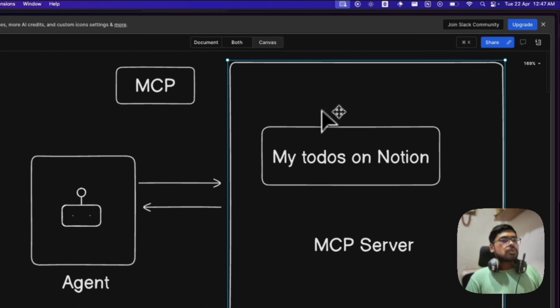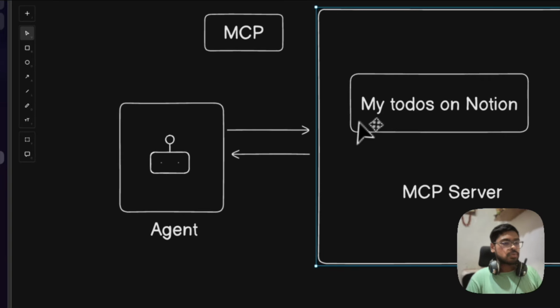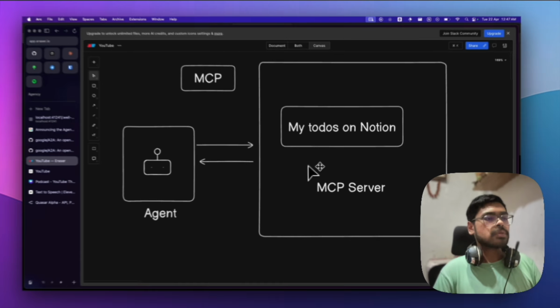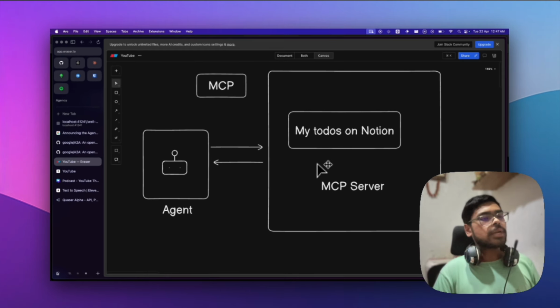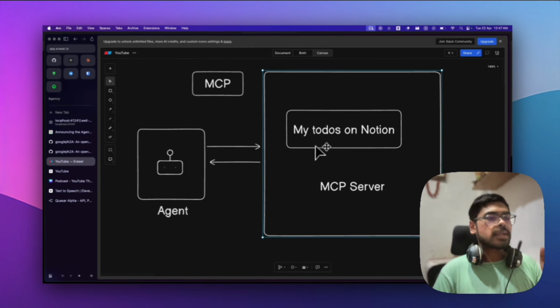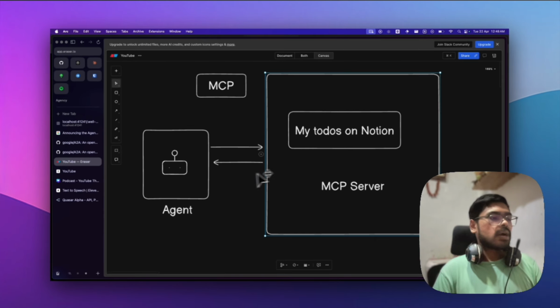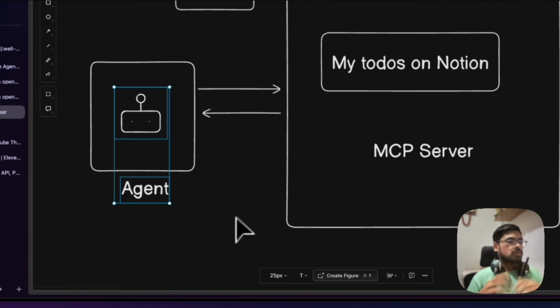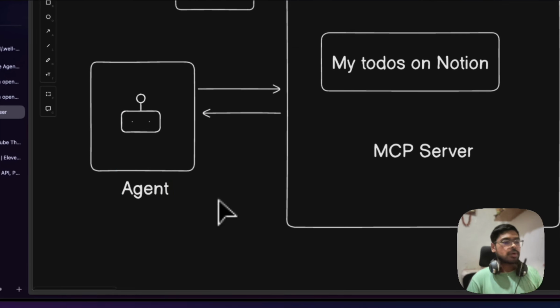So how can we give this information to my agent? That's where MCP comes into place. We need to have one MCP server, which will expose my to-dos for this agent to use. That's like a tool call. So that's simple MCP, and I guess everyone knows it.